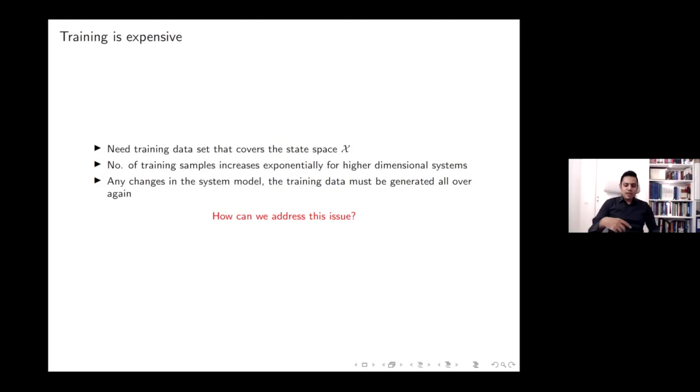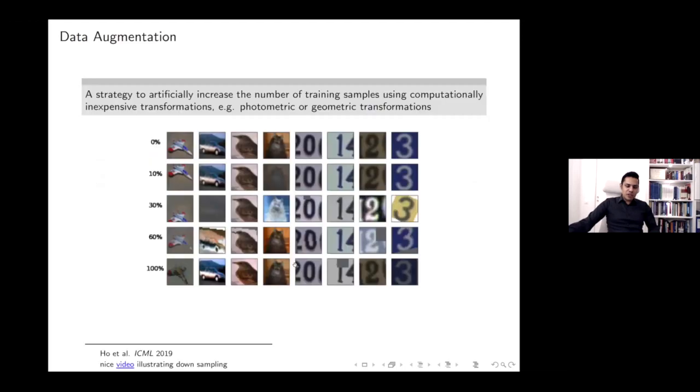Right. So one of the open challenges here is how can we address the issue of generating training data? If we look into the machine learning community at how some of these challenges are handled, there is this concept known as data augmentation that is used in deep learning, especially in a lot of image classification problems.